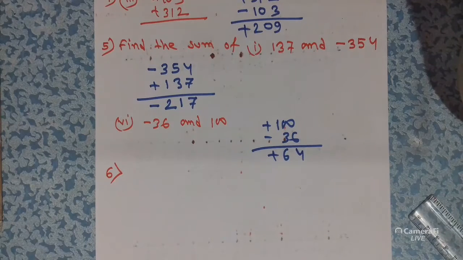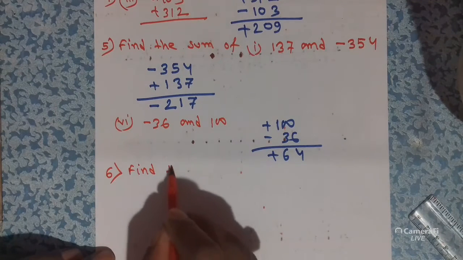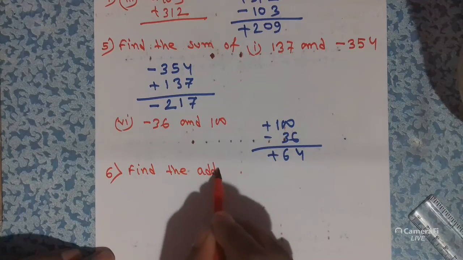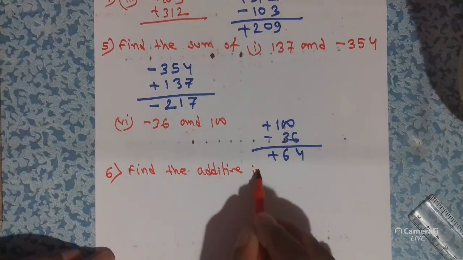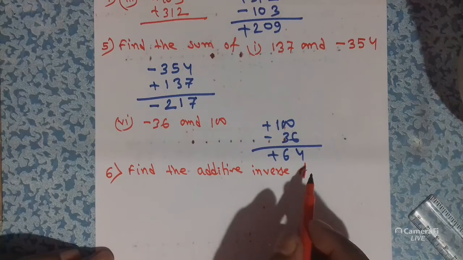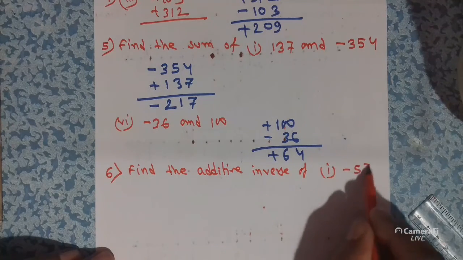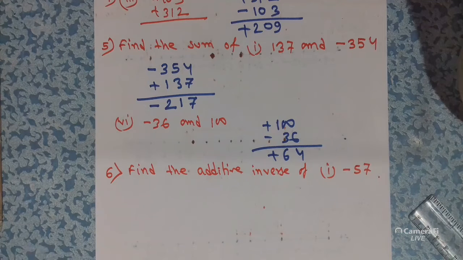Now question number 6. Find the additive inverse of minus 57.